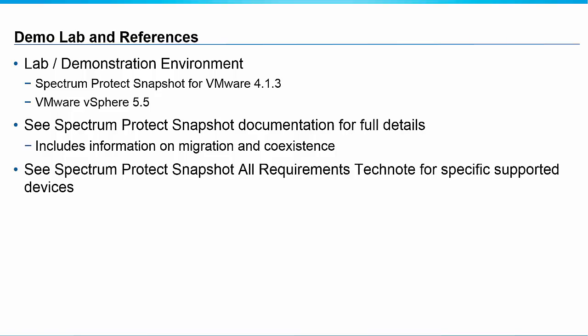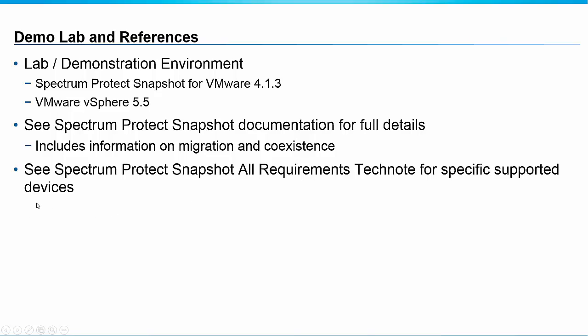We're going to go ahead and do a demo. Before we do that, I just want to point out to you that there is a lot of additional information in the documentation that includes information on migrating from the old adapter if you need to, or coexistence with the old adapter.